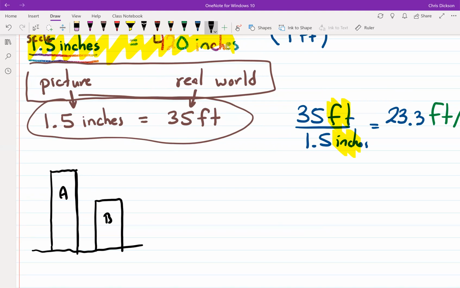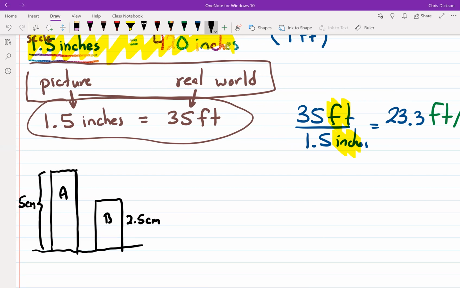Let's say on your picture you measure this to be, let's use some metric units, 5 centimeters tall, and building B is maybe 2.5 centimeters.